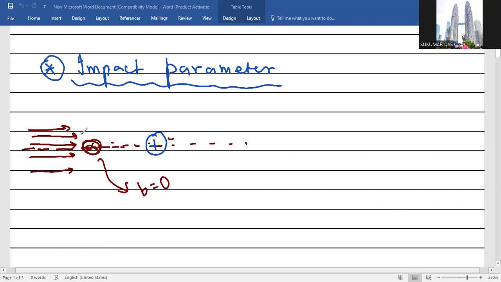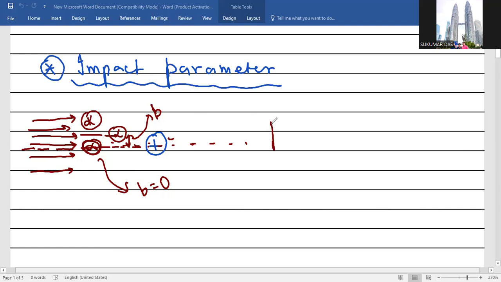And for the other alpha particle, the perpendicular distance of the motion of the alpha particle from the mid line or the central line is called impact parameter. So the farther the distance of the alpha particle, the more the impact parameter will be. Understood?